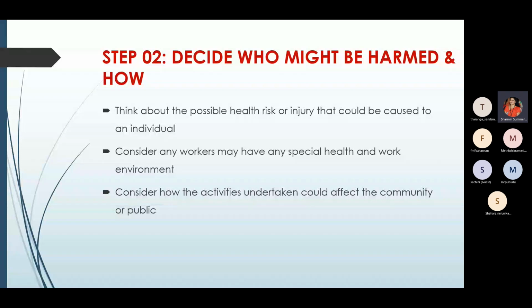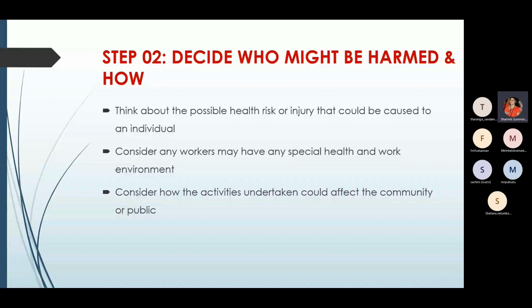Through the mouth, with splashing or spilling of the medication, it can get into the body. And by touching normal skin, it is going to hurt the person. So this is the way we check how the hazard is harming them and how they are going to be harmed.